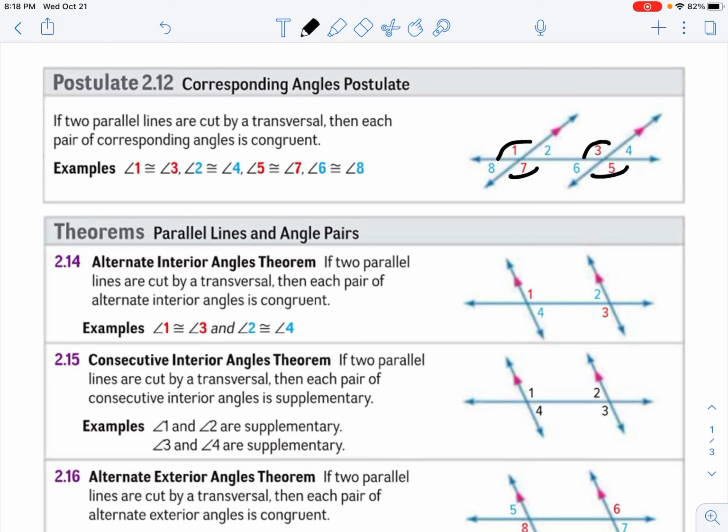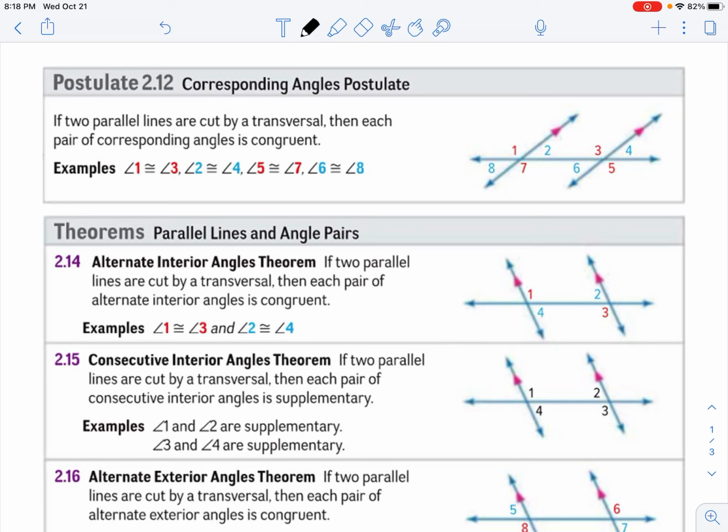Obviously they have to be, like 1 and 7, because those are vertical angles, right? That's as easy as I can put it. 8 and 2 are also congruent, and they're congruent with 4 and 6 as well. That's what we're going to be getting at here right off the bat.